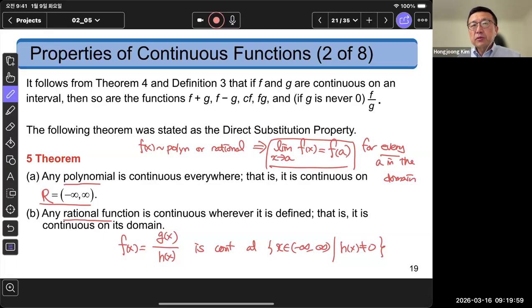Now I'm just rephrasing that expression. Previously we had this property, and now I'm repeating the same statement with a slightly different expression.